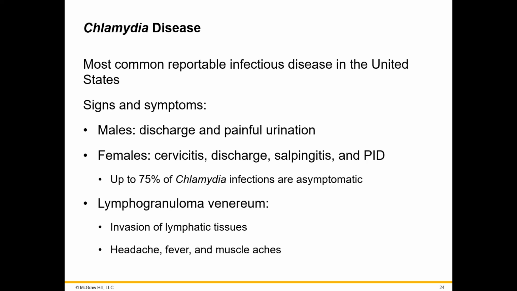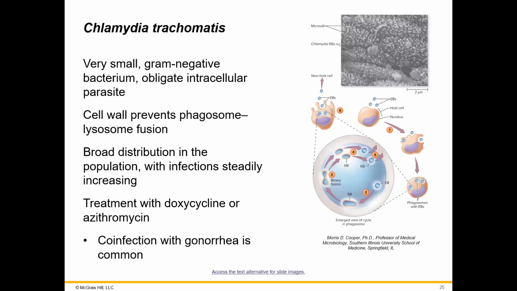If this is left untreated, this leads to lymphogranuloma venereum, which is an invasion of the lymphatic system from this sexually transmitted infection. And that will lead to overall inflammatory response in the body, leading to headaches, fever, and muscle aches. This is caused by the bacteria Chlamydia trachomatis. It's gram-negative bacteria.